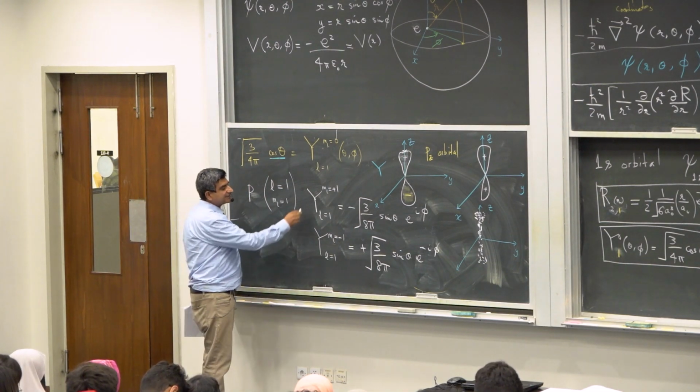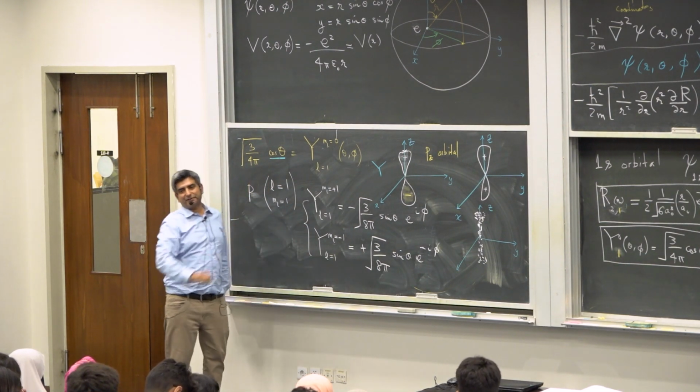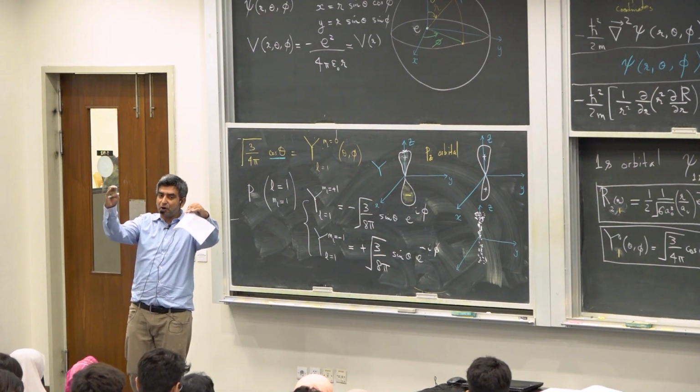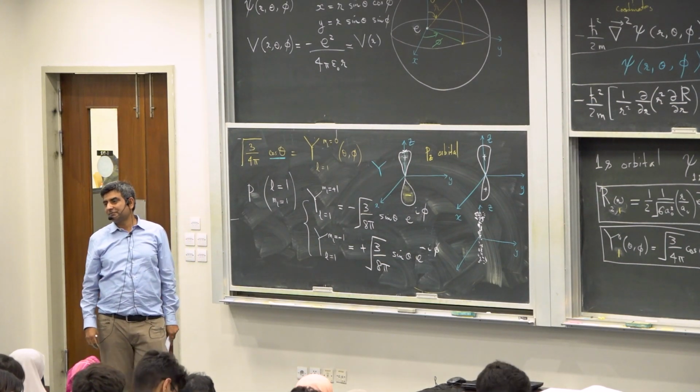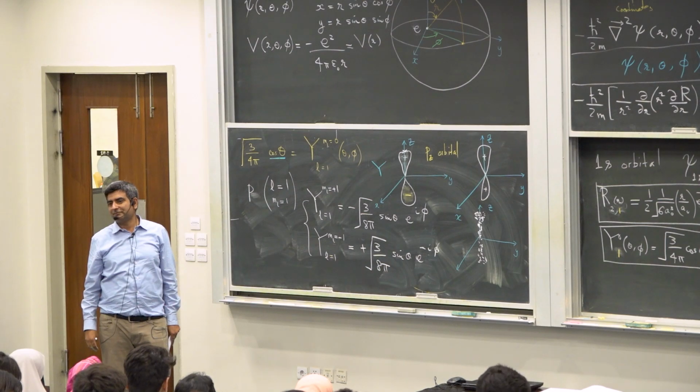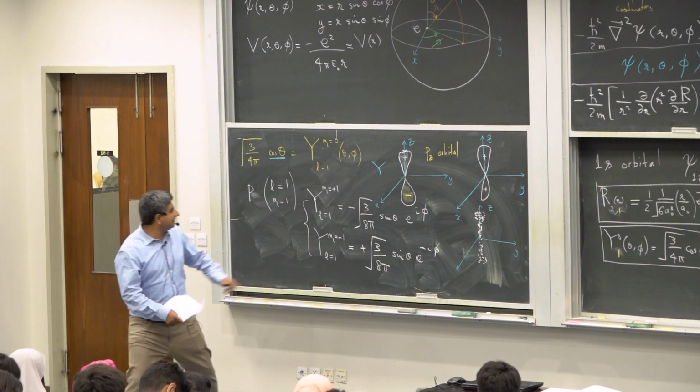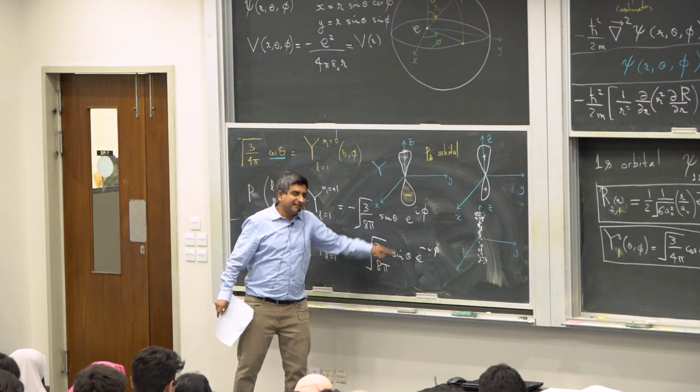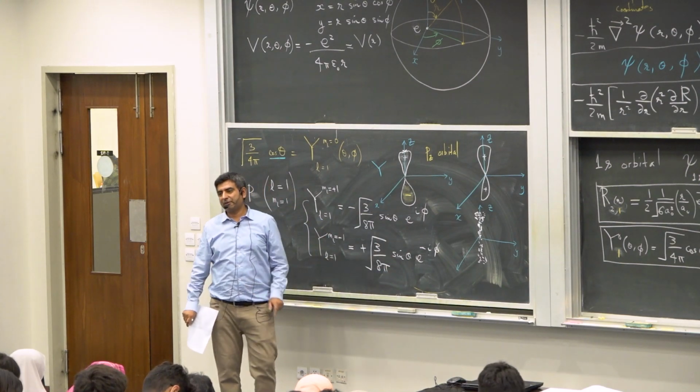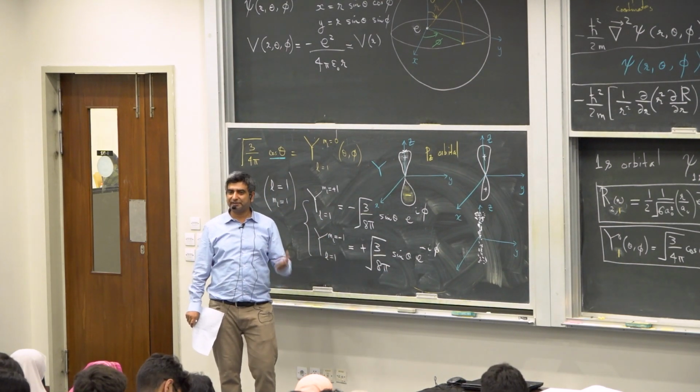However, if I take the sum of these wave functions, I create a superposition of these wave functions. If this is a solution to the Schrodinger equation, then the sum of these will also be a solution to the Schrodinger equation, because it's a linear equation.